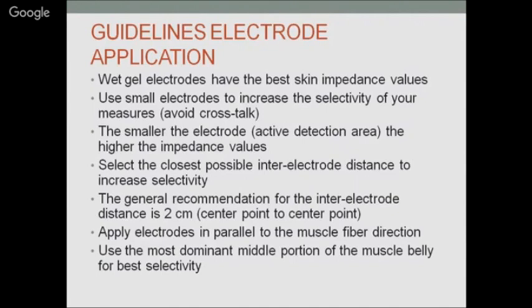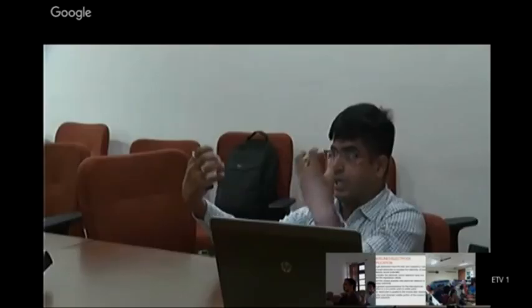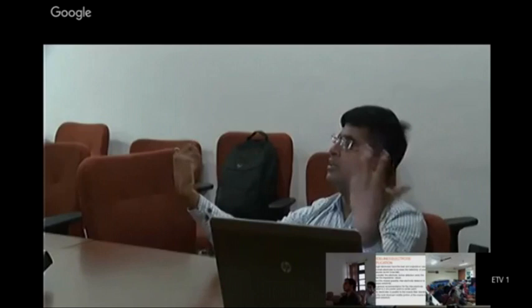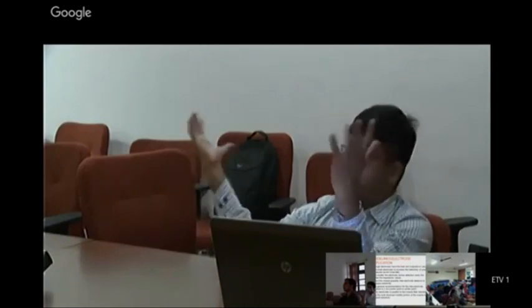The smaller the electrode, the higher the impedance value. This is also there. Select the closest possible inter-electrode distance. This is very important. While placing electrode, what you are measuring is differential, means relative: one electrode and second electrode, the difference between the two. If both the electrodes are very far, then you will not experience a good result.